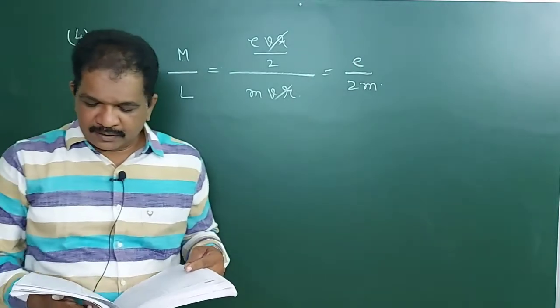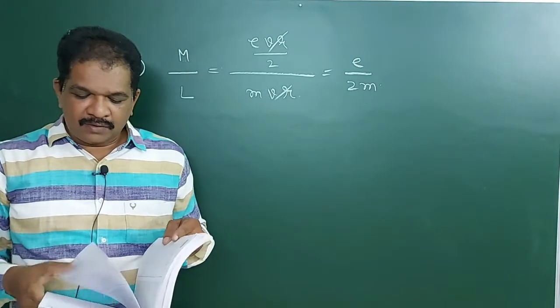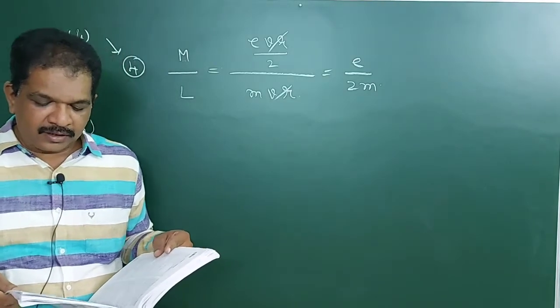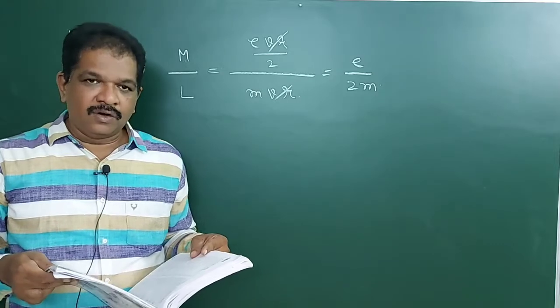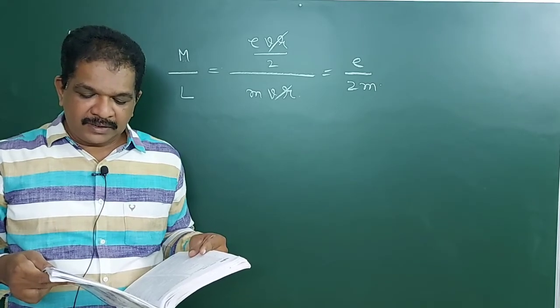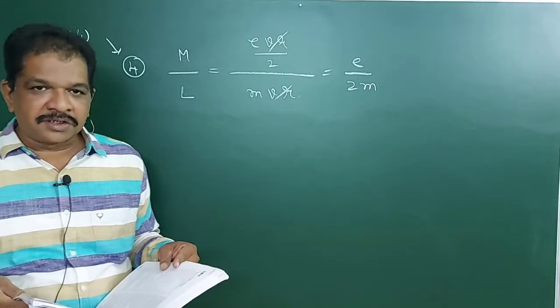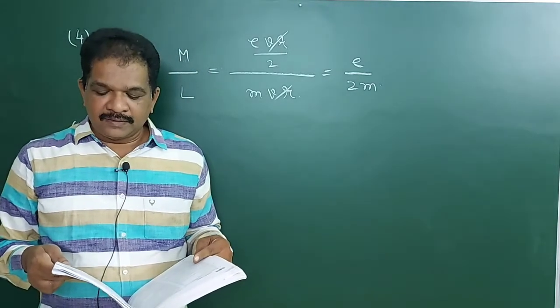Next, fifth question. If n is the orbit number of electron in a hydrogen atom, the correct statement among the following: hydrogen emits infrared rays for the electron transition from n is equal to infinity to n is equal to 1.